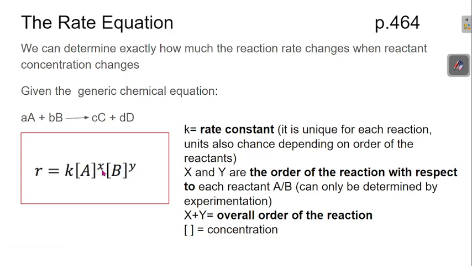So that number is the order of the reaction with respect to reactant A, and y, whatever number that is, is the order of the reaction with respect to reactant B. And x and y, those values, can only be determined by experimentation. x and y have nothing to do with the little letters here, the stoichiometric numbers, okay? They are determined by experimentation. When you add x and y, you will get the overall order of the reaction.